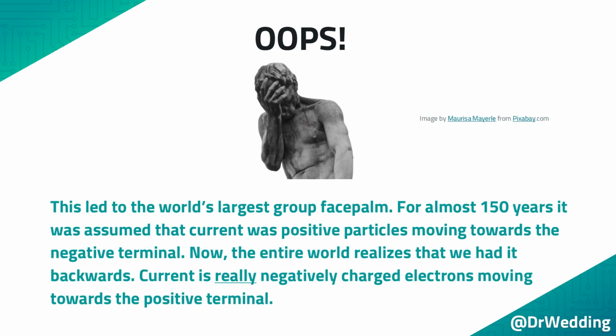This led to the world's largest group facepalm. For almost 150 years, it was assumed that current was positive particles moving towards the negative terminal. Now, the entire world realizes that we had it backwards. Current is really negatively charged electrons moving towards the positive terminal.